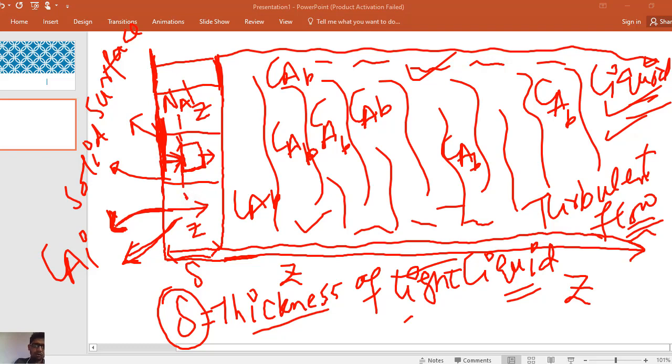Similarly, the flux of A at z plus delta z position is NA at z plus delta z.